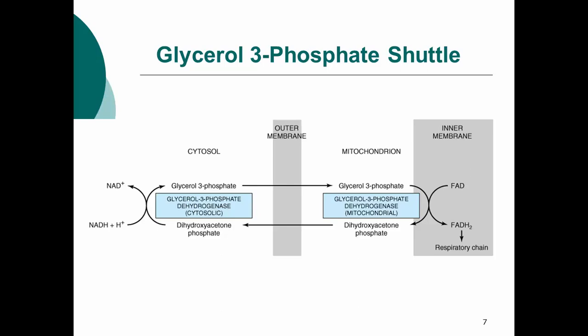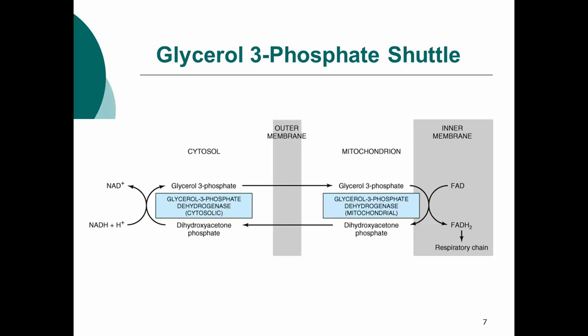For ATP production. But NADH is not able to pass through the mitochondrial membrane. So it needs some help, some shuttle or transporter, to transport NADH's electrons to the mitochondria for oxidative phosphorylation.